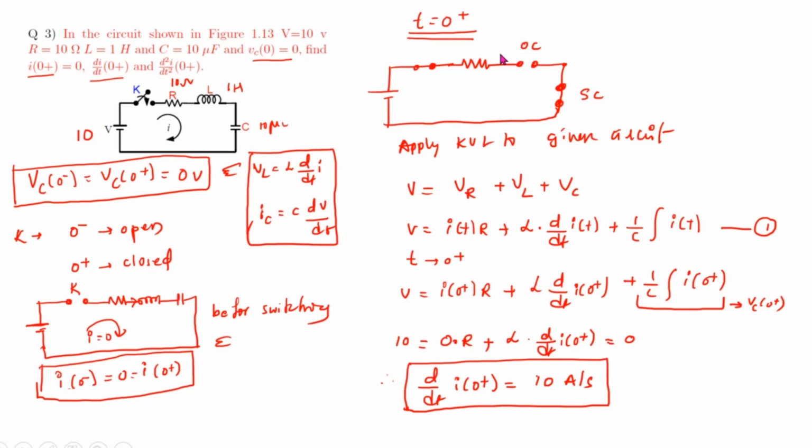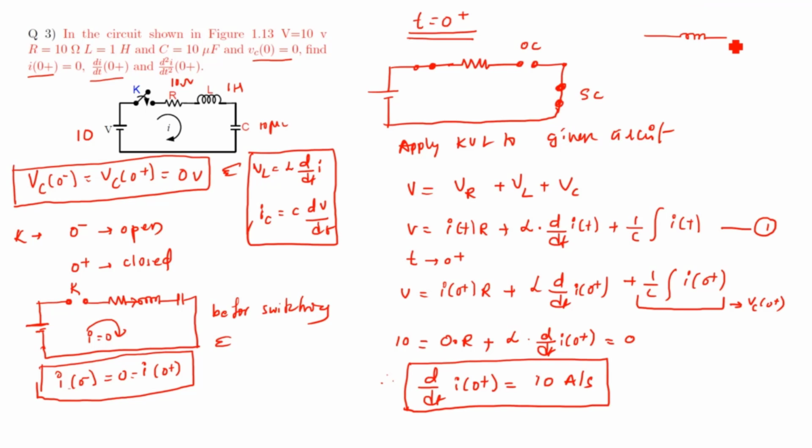Due to the inductor, it will be open circuit. So this is the equivalent circuit immediately after switching, and we have applied KVL to the given circuit. You can write the equivalent circuit at some time interval, say 1 second or 2 seconds, after switching.